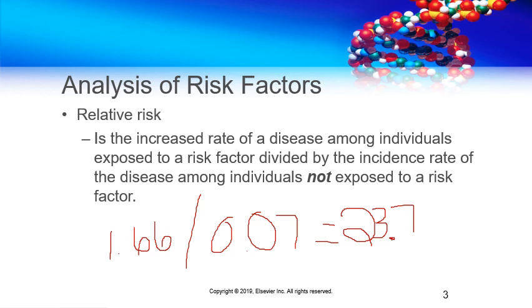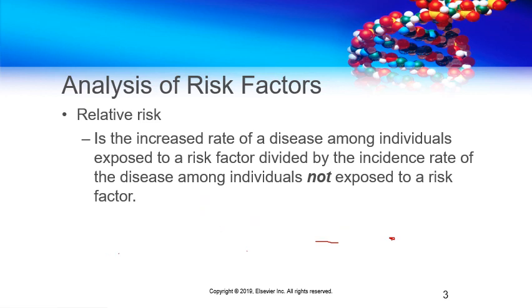Now, so far we have talked about three different measures: the incidence rate, the prevalence rate, and the relative risk. Incidence rate is the number of new cases divided by the population. Prevalence rate is the number of individuals that have the disease divided by the population.